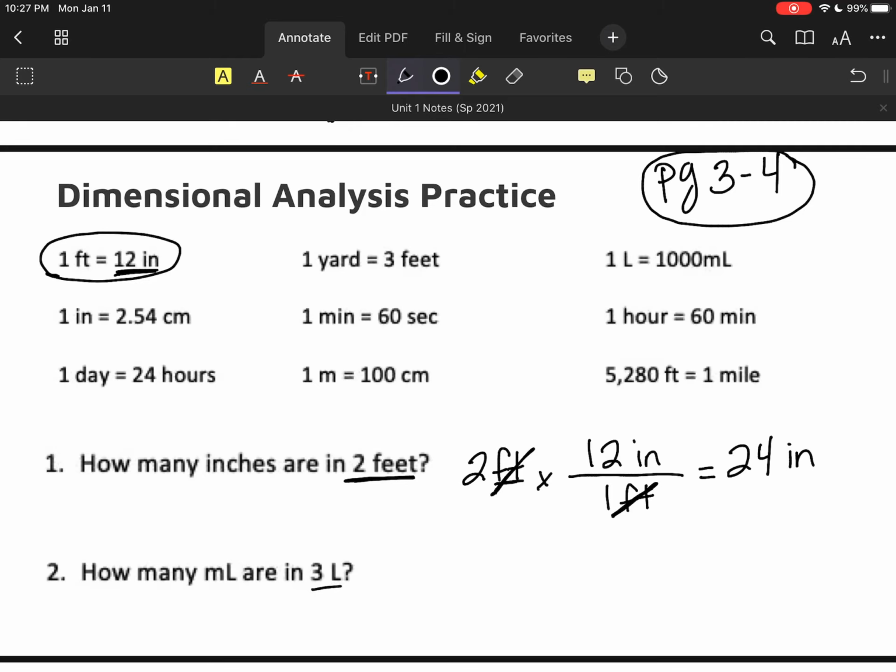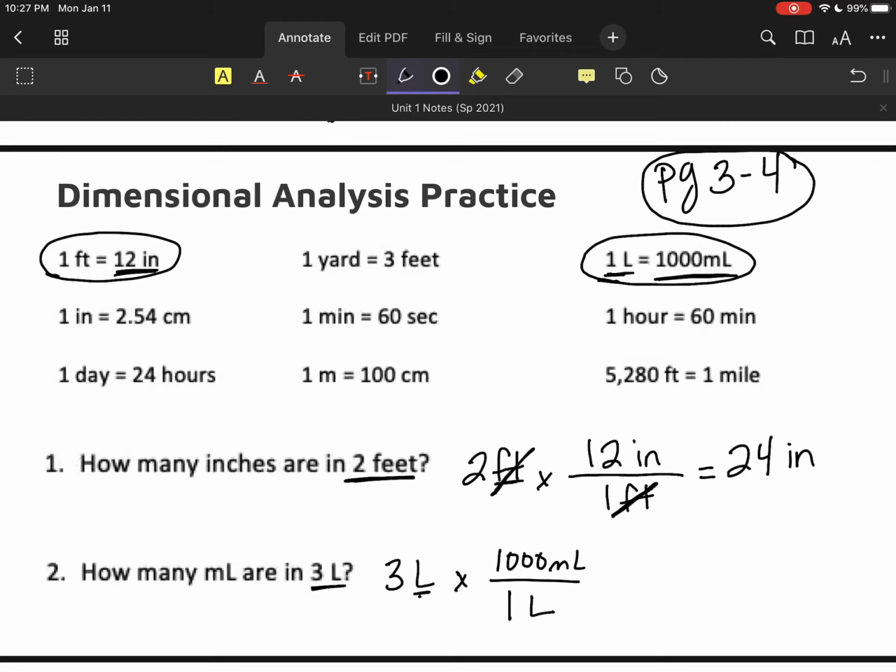How many milliliters are in 3 liters? So again, I'm always going to start with what I'm given. Now let's see if we can find a conversion unit with liters and milliliters. Here's one. If I have liters on the top, I'm starting with liters, I know I want liters on the bottom. I have 1 liter, and that's equal to 1,000 milliliters.